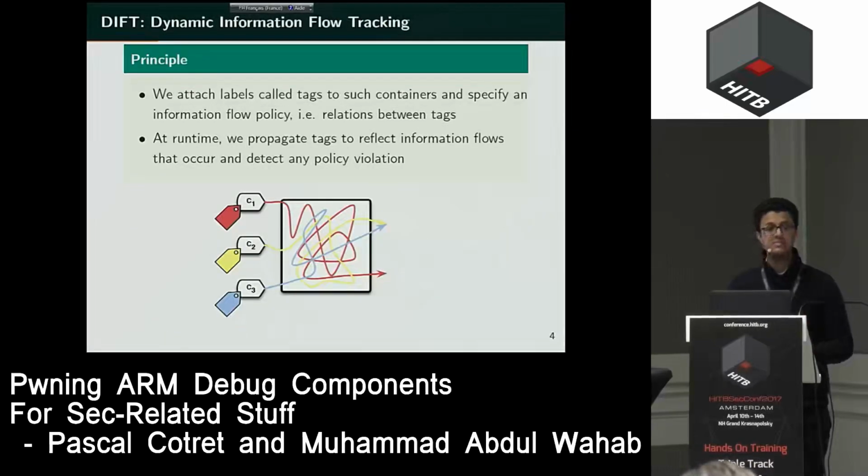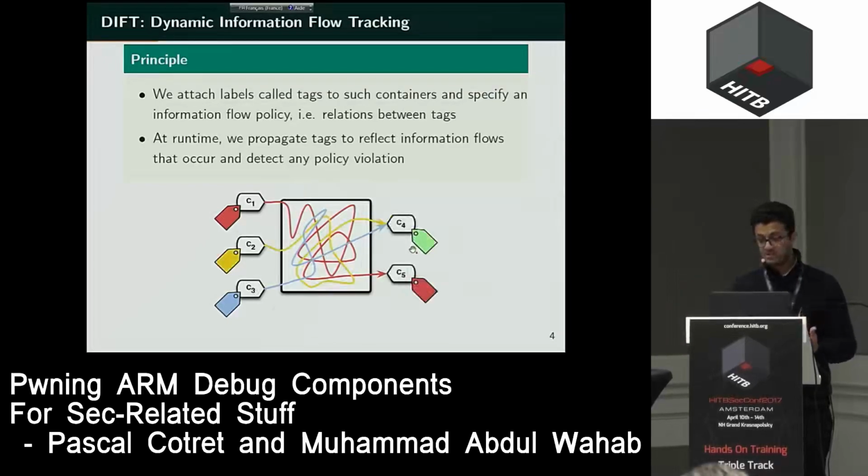The principle is to attach a tag, a metadata, to the input. Here we attach a color just to show the metadata. C1, C2 and C3 are the inputs. We attach some colors to them, and when the program gets executed, we propagate these tags. At the end of execution, we have 2 outputs, C4 and C5.